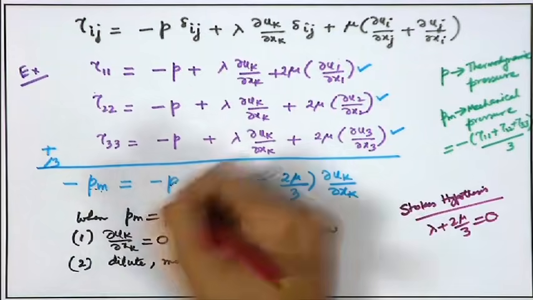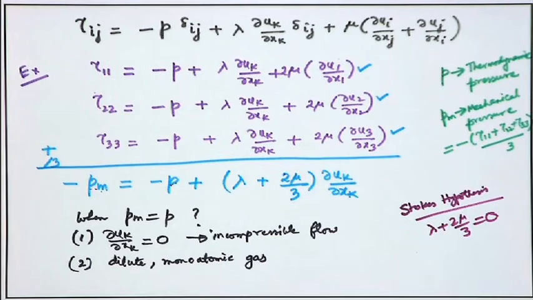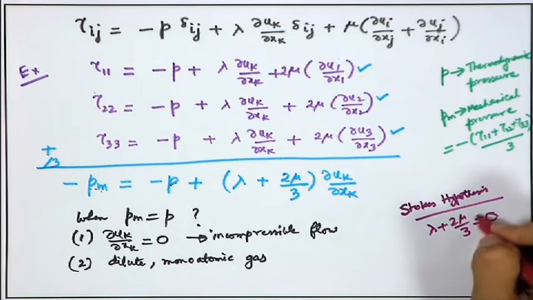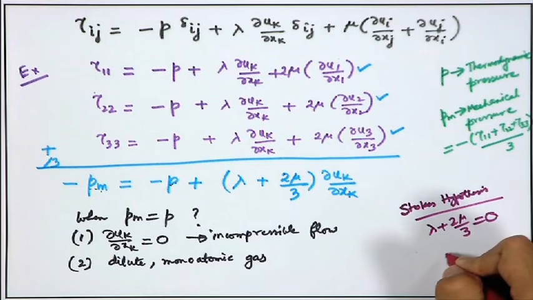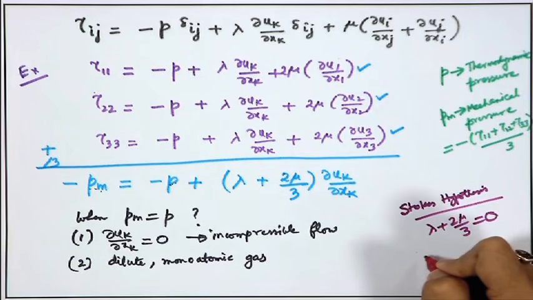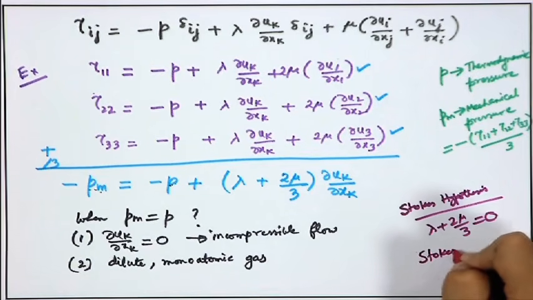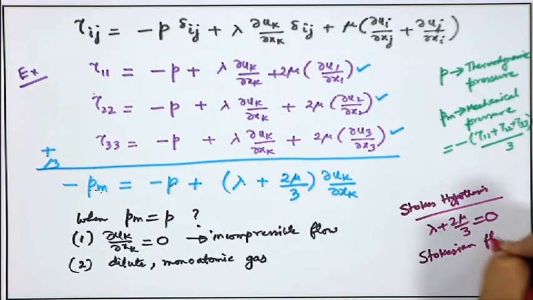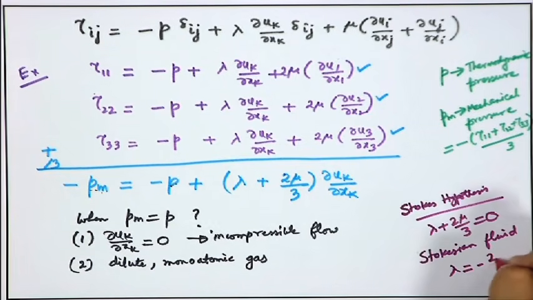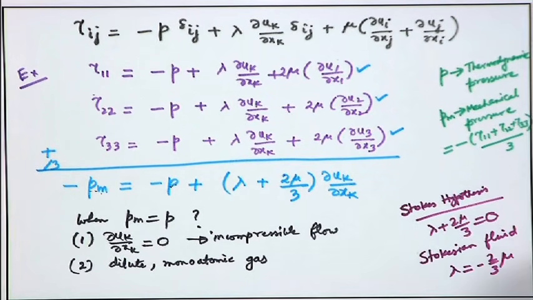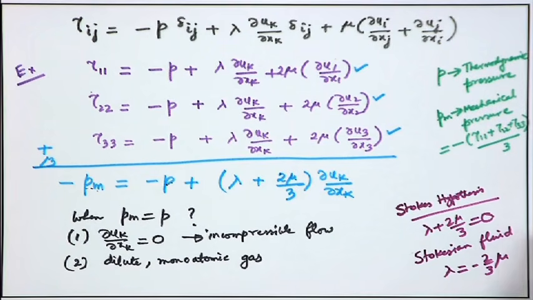If this is 0, then mechanical pressure and thermodynamic pressure are the same, and we have seen that this need not always be the case, but we will figure out when such a case is true. First of all, the fluids which obey this relationship are called Stokesian fluids. Lambda is equal to minus 2/3 of mu. Okay. Now, let us discuss a little bit about Stokes hypothesis.